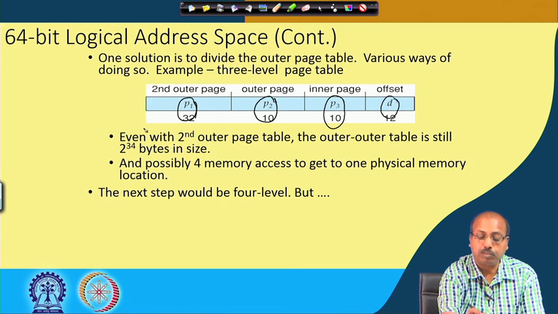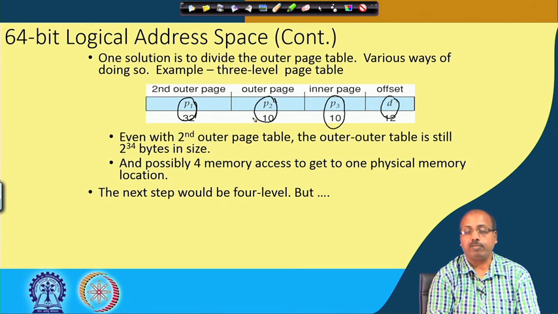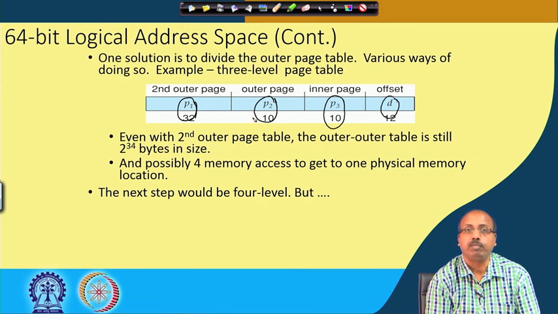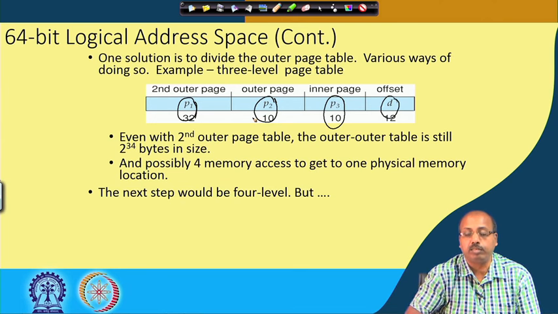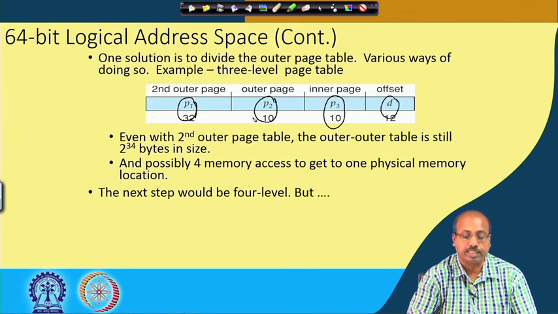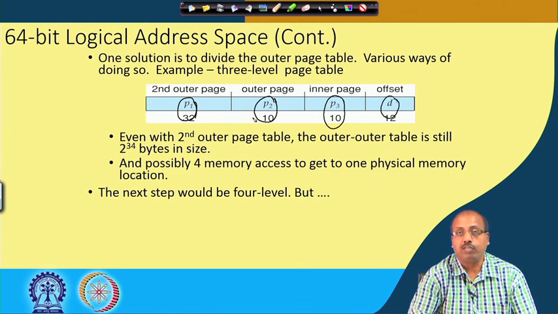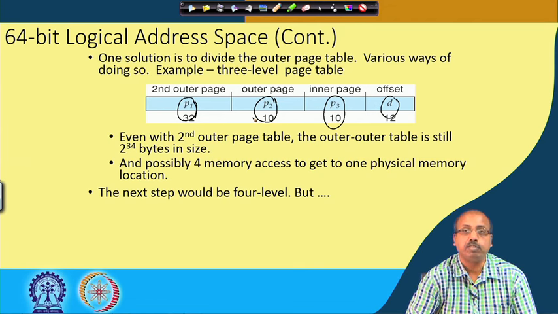After going through P1, P2, P3, that is 3 memory accesses for 3 levels of pages, it only comes to the actual frame number of memory, and then from the frame number and offset, that gives me the actual address, and then that location will be accessed. So, it requires 4 memory accesses for one physical memory location. Memory access time is becoming 4-fold that of the scheme in which there is no paging. So, that is very costly.